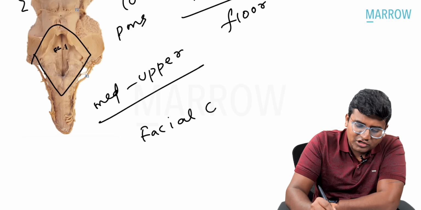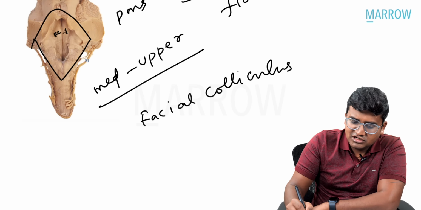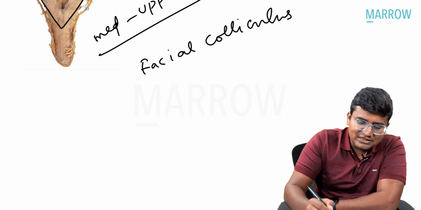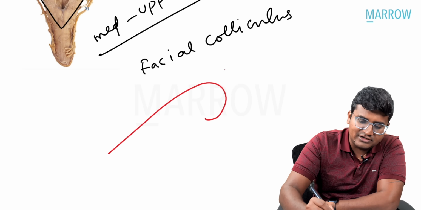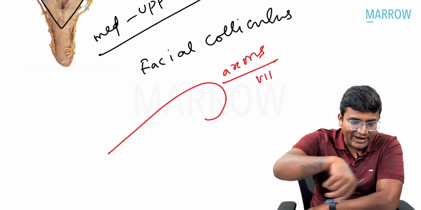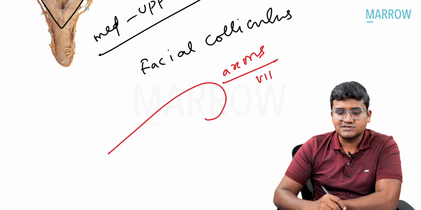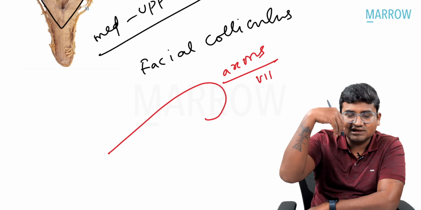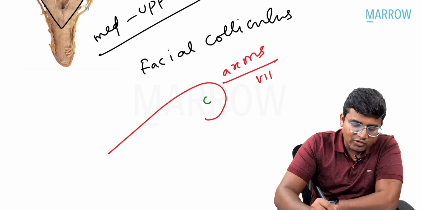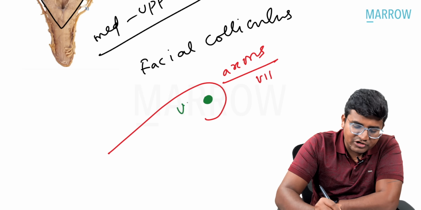Colliculus means round swelling. So facial colliculus is due to the axons of the facial nerve. The axons of the facial nerve will wind around and make one bulge, that is called facial colliculus. Now what is the structure present inside the facial colliculus? We have one nucleus. Which nucleus? Our abducent nerve nucleus.